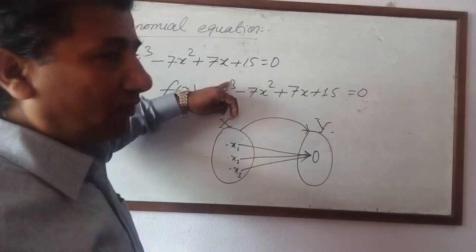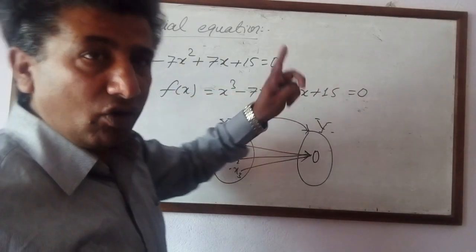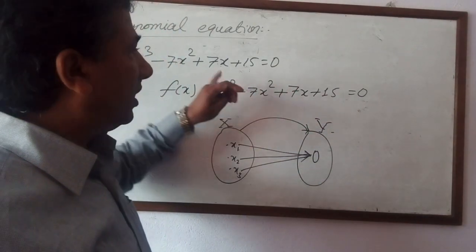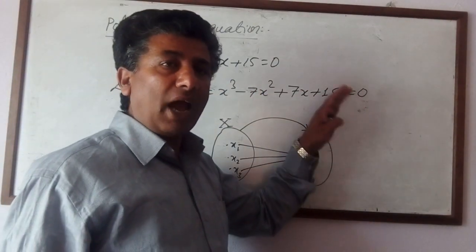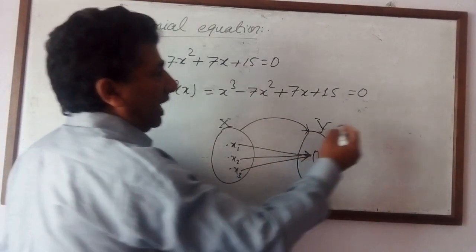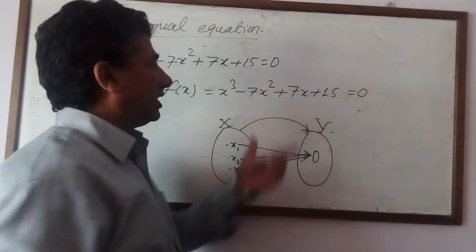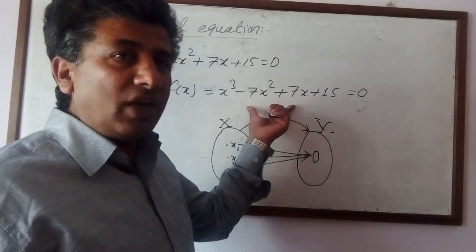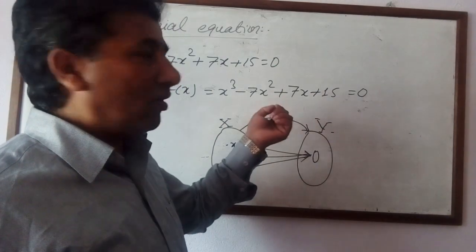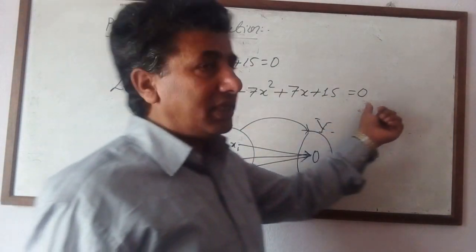If there is power 4, then the equation will have 4 values of x, meaning 4 roots. If it is 5, then it has 5 roots. If it is an n-degree equation, then it will have n roots, or n values of x, which give image 0.